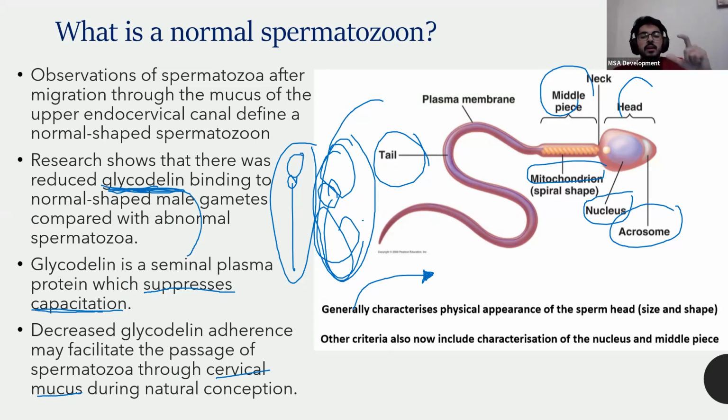Therefore, this glycodelin is some sort of mechanism to prevent these abnormal spermatozoa from undergoing capacitation and reaching the egg and fertilizing it, and only allow the normal spermatozoa to undergo capacitation, go through the cervical mucus, and reach the egg. I hope this is clear. Okay.